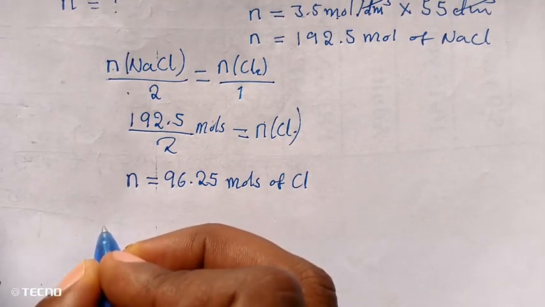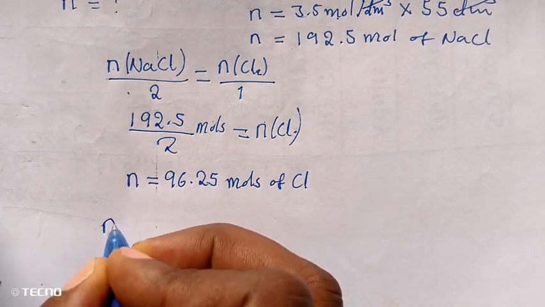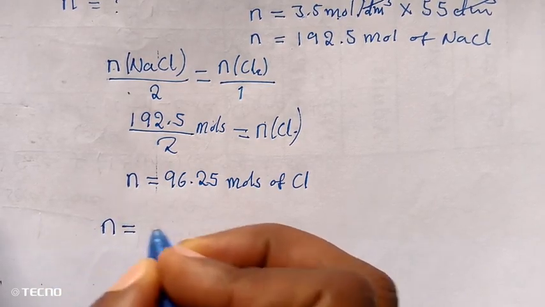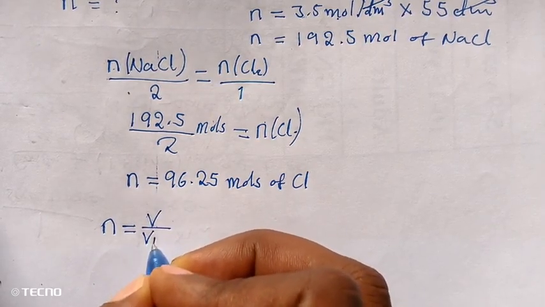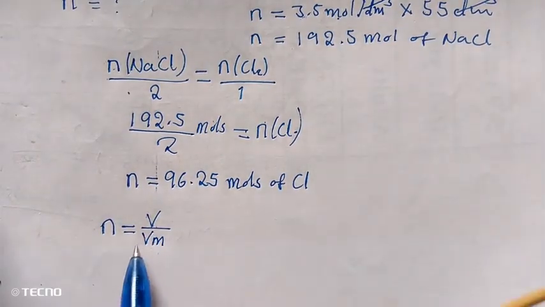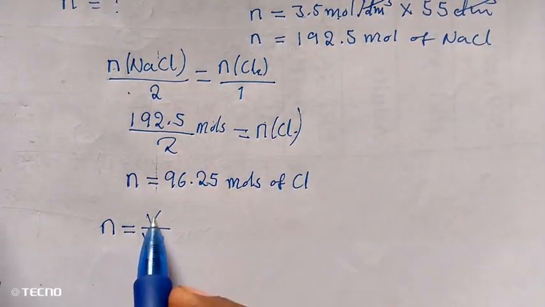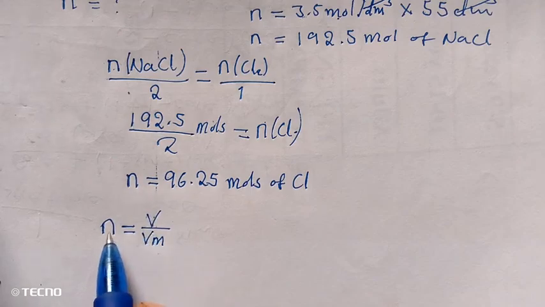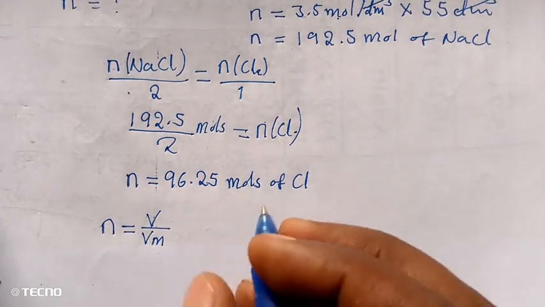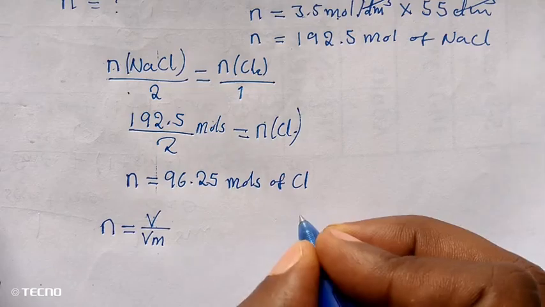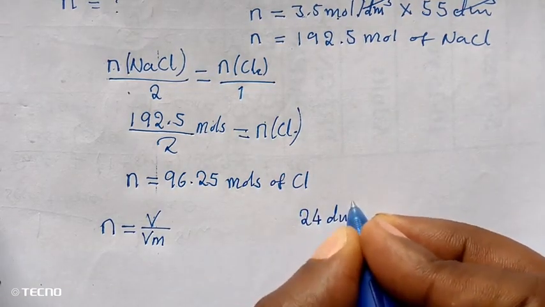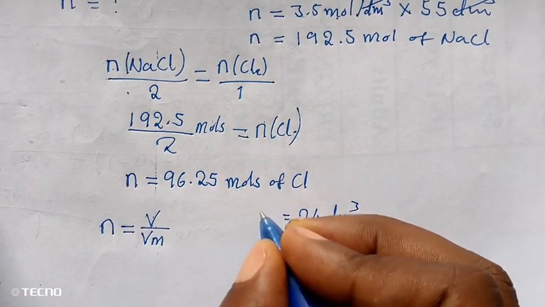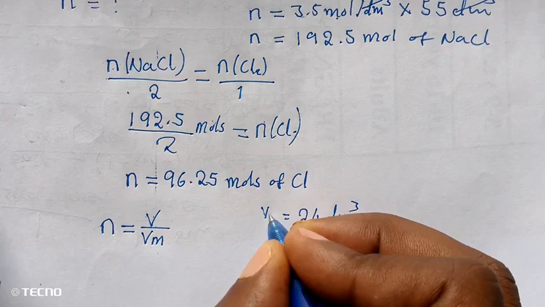we have been given the moles, so moles is equal to volume over molar volume. This represents the molar volume. This is the volume they want us to calculate, and this is the number of moles of chlorine. The molar volume at RTP is 24 decimeter cube.